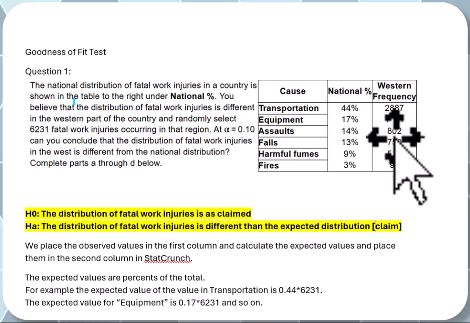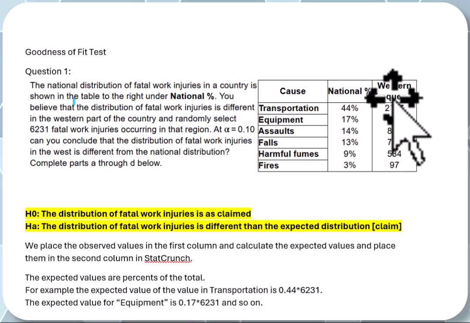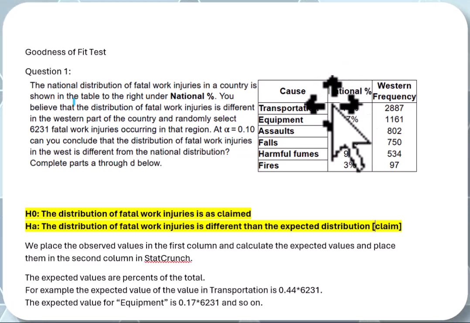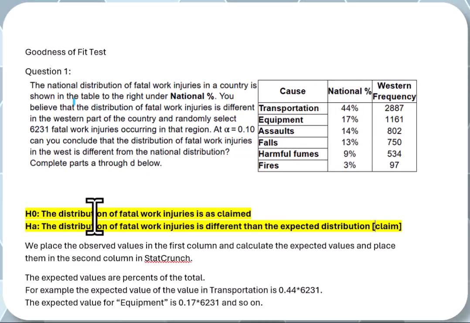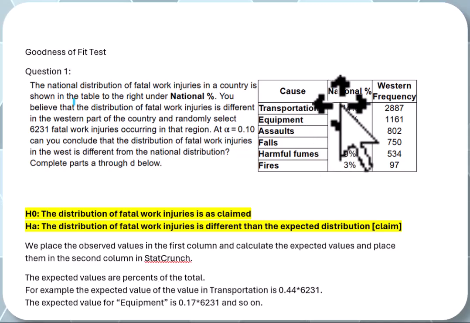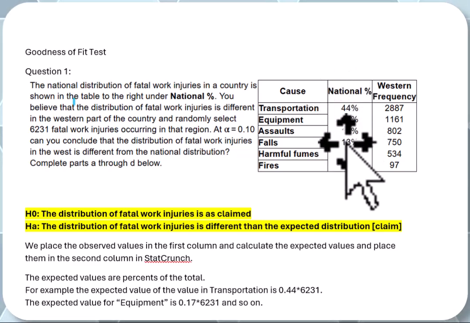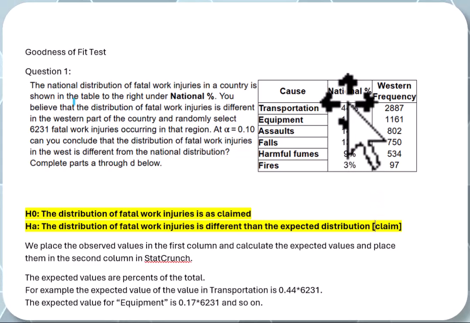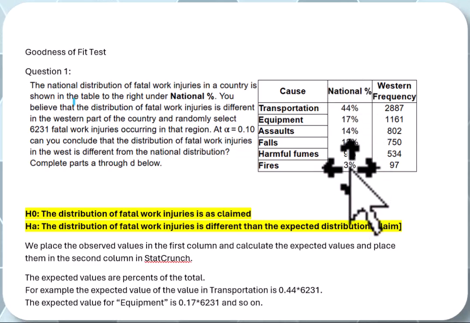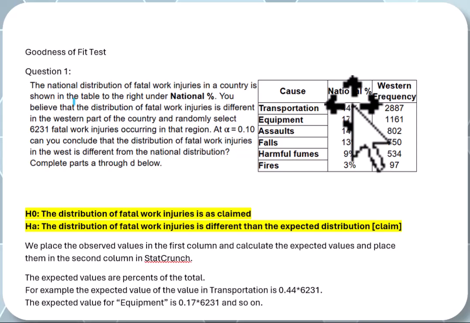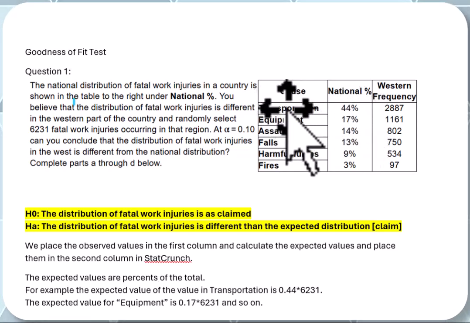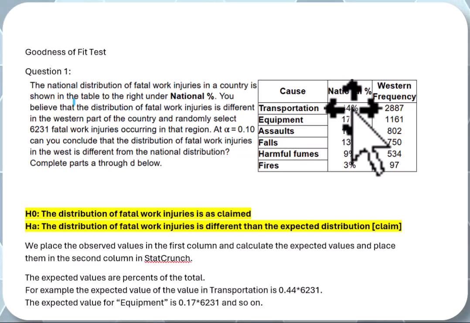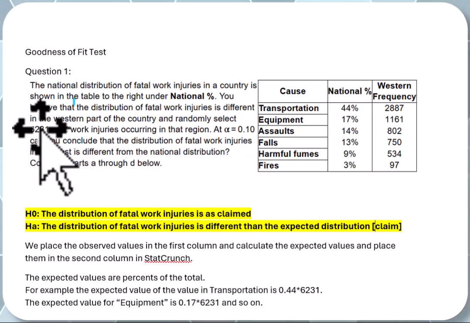The test statistic will require two types of values. One are the observed values, and one are called the expected values, if the distribution was as claimed. And the expected values are the percentages, but they're going to be percentages of the total. So you're going to input those values, but not as percentages, as numbers. To find the expected value for transportation, you're going to take 44% and multiply by the total, which is 6231.